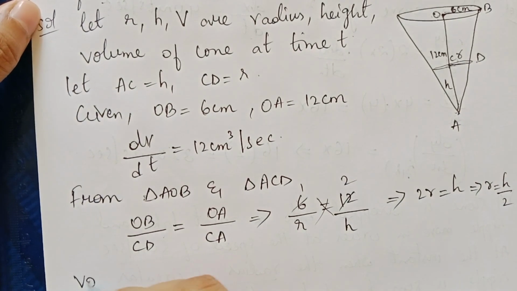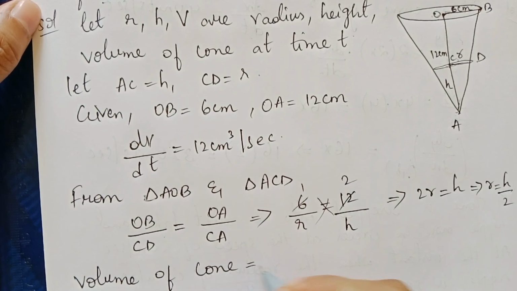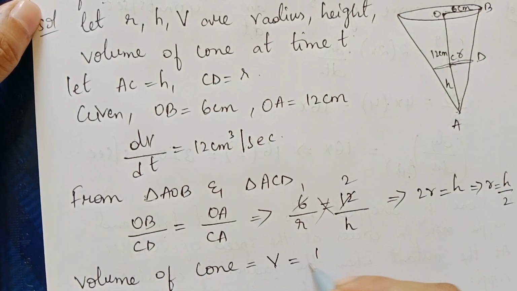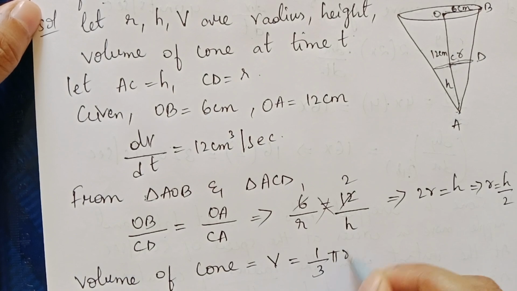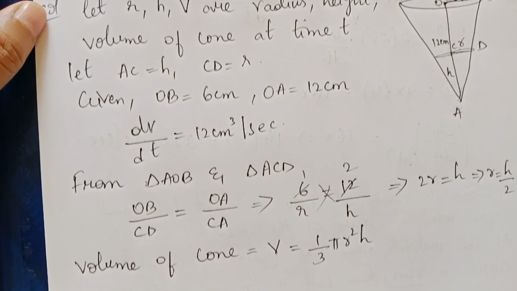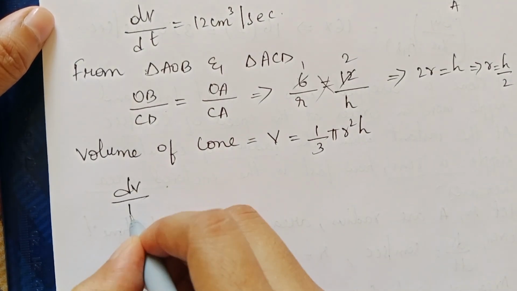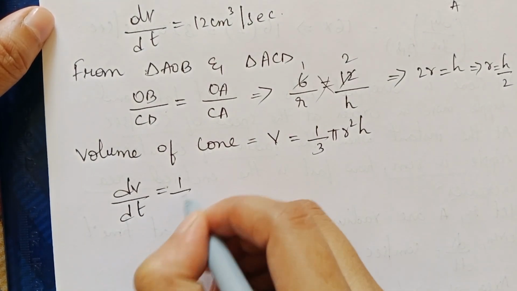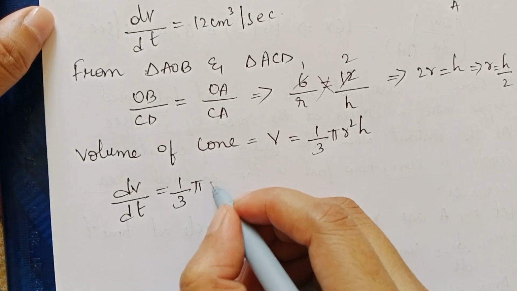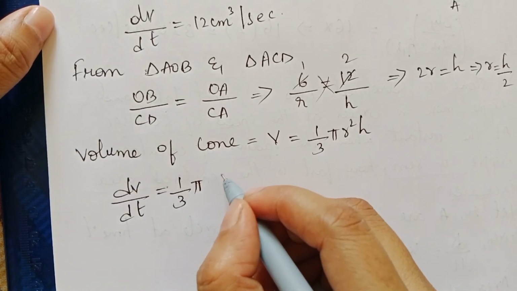Now write the formula of volume of cone, which is V equals 1 by 3 pi r square h. Differentiate with respect to t on both sides. We get dV by dt equals 1 by 3 pi into r square.